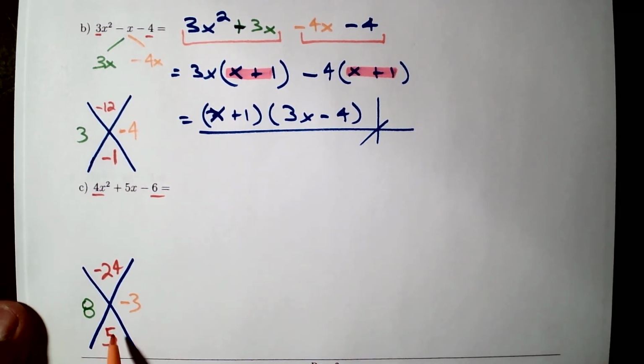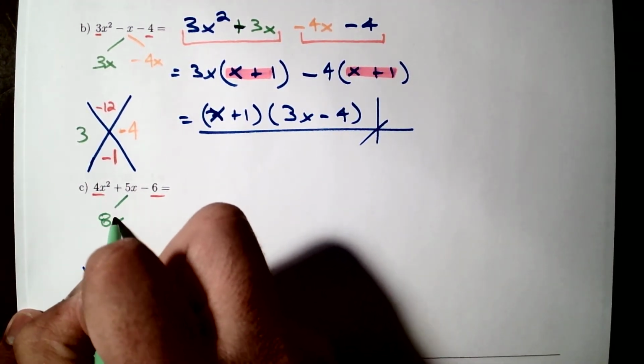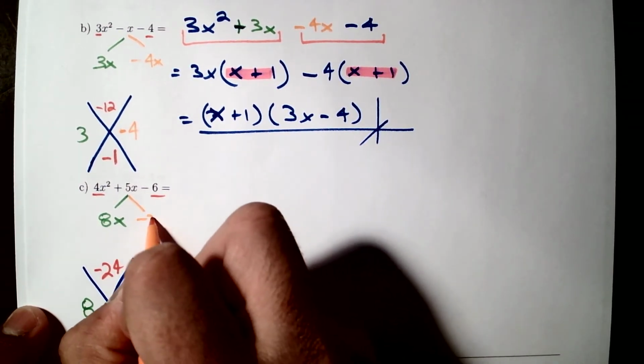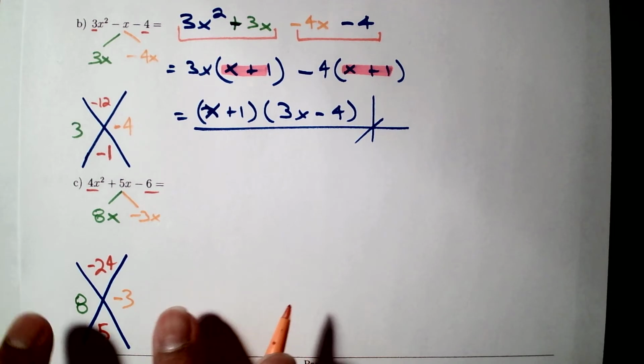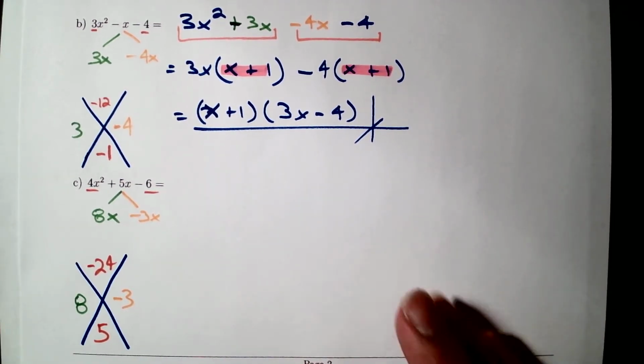But when I add them together, I get a positive number. So 8 minus 3, that's positive 5. So 8x and negative 3x. So what we do with these two numbers again is break down the middle term.